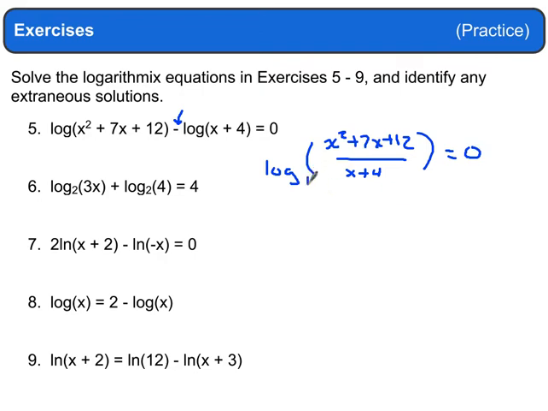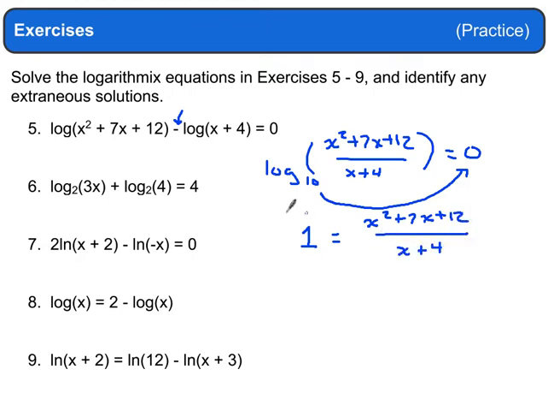My base is a 10, so I scoop this over. 10 to the 0 power is 1, and that's equal to x squared plus 7x plus 12 over x plus 4.